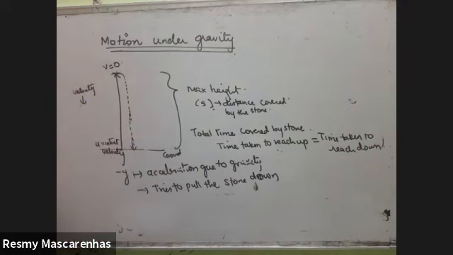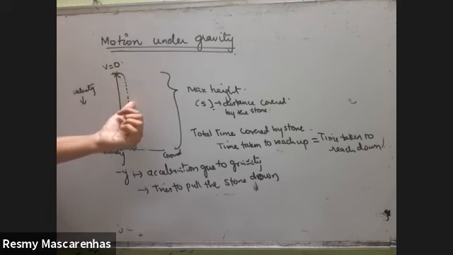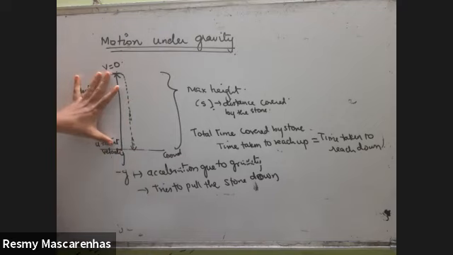Although practically you may think, while going up it's against gravity, so it must be going slower, and while coming down it's coming very fast, so the time will be less. No. Okay, because there is air resistance also. There's nothing much to know in too much detail; later we'll be seeing that anyway. What you have to know now is that the time taken to reach up will be the same as the time taken to reach down, irrespective of that.